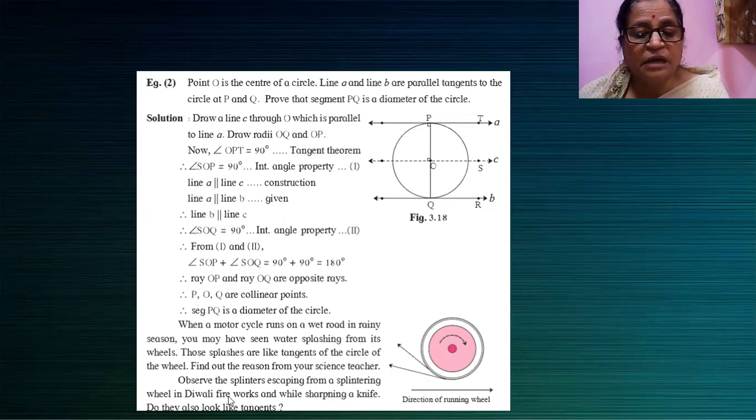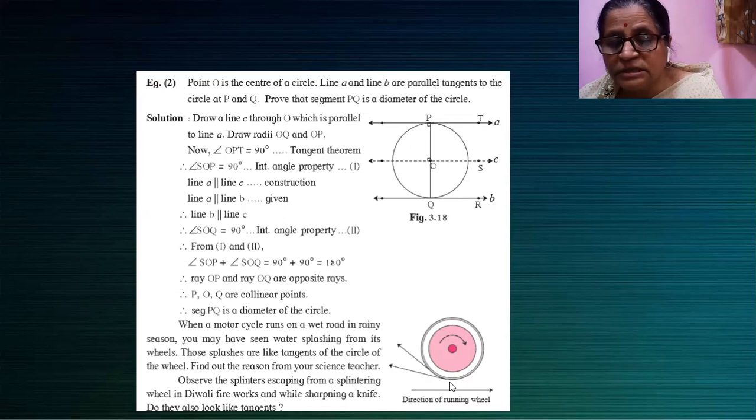Some questions are asked. When a motorcycle runs on a wet road in the rainy season, you may have seen water splitting from its wheel. Those splits are like tangents of the circle of a wheel, meaning it touches at only one point.